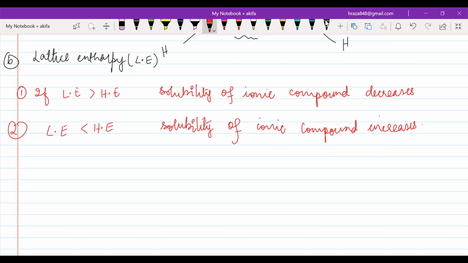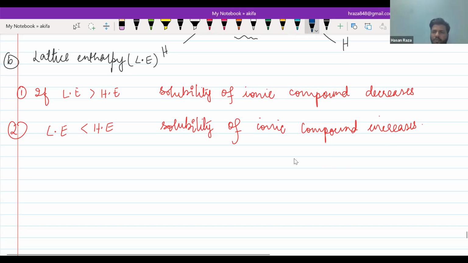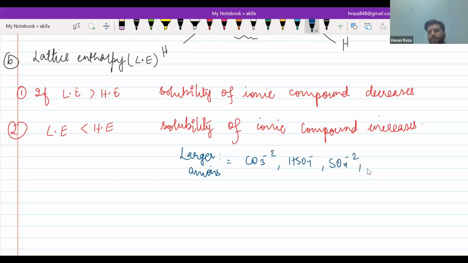Done. Just remember two important points, that since we are talking about ionic compounds, there will be ions, that means cations as well as anions. Here I'm going to write a list for larger anions. Larger anions, you can easily recognize it by like CO3 minus 2, HSO4 minus, SO4 minus 2, HCO3 minus, NO3 minus, and I minus and Br minus.